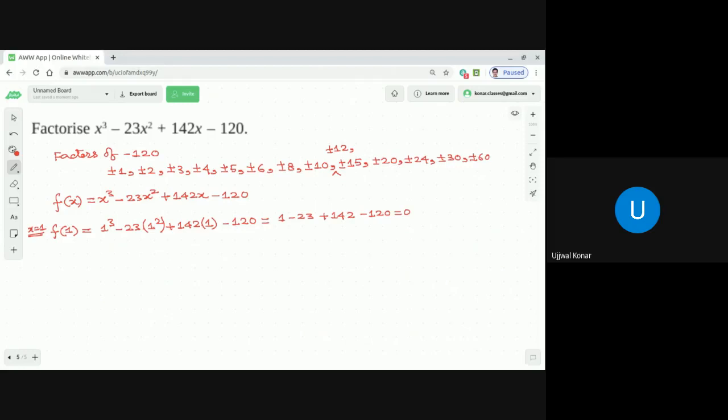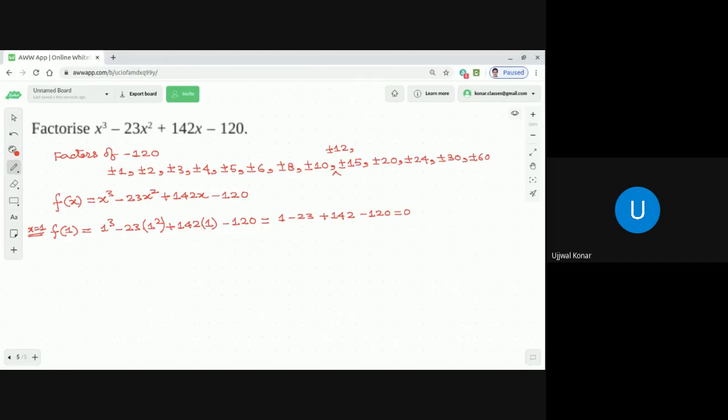We are fortunate here. But dear students, in some questions, if with 1 you are not able to get it, then try with -1. If you are still not able to get it, then try with +2, then with -2, and one way or another you will get it. You will not need to go up to f(12); questions will not be given like that.